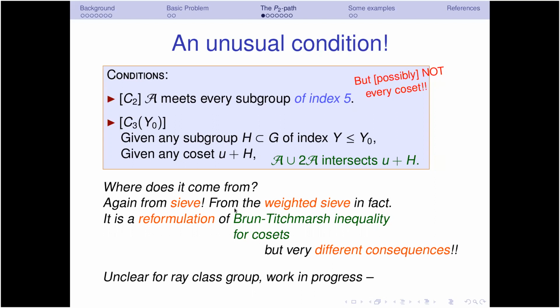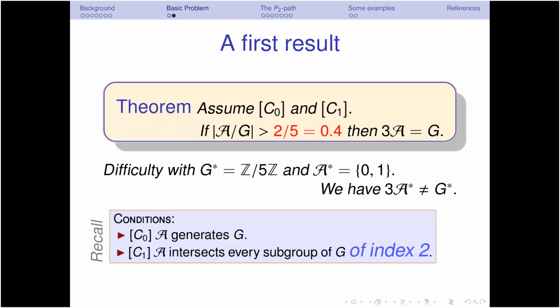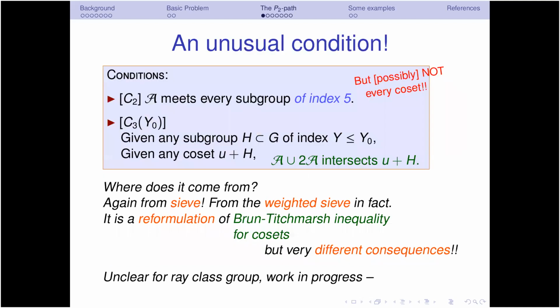So just now for the ray class group, I'm not sure I'll be able to do it, but my guess is that we will do it. So for instance, if you go back, my example {0, 1} is not a counterexample anymore because A star union 2A star is not G star. So I can rule out this example and I have to see what I can do more than that.